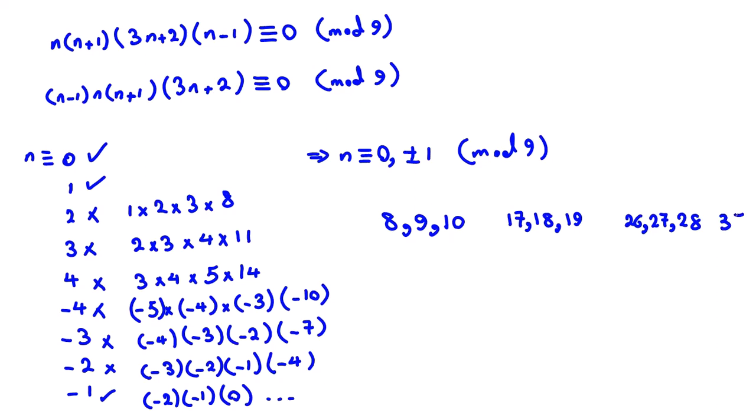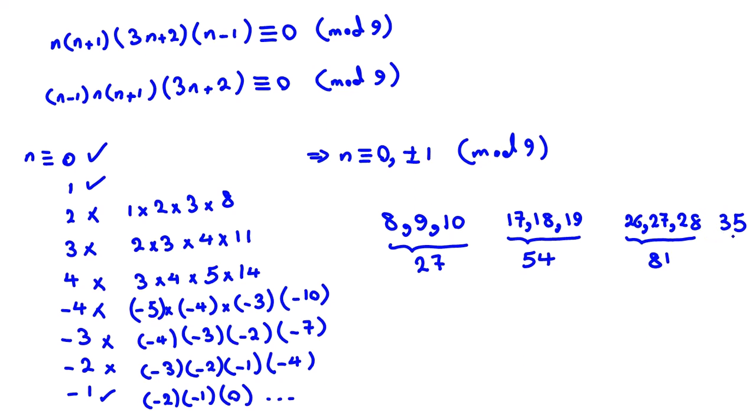Okay. 9 plus 26, 35. So the sum of them is what? 8 plus 9, 17 plus 10, 27. And here 18 plus 36, 54. And the next one, 28 plus this one is 54. 54, 74, 81.